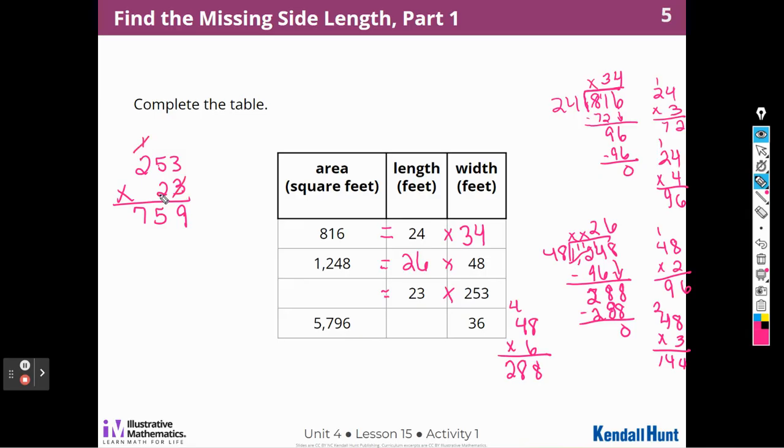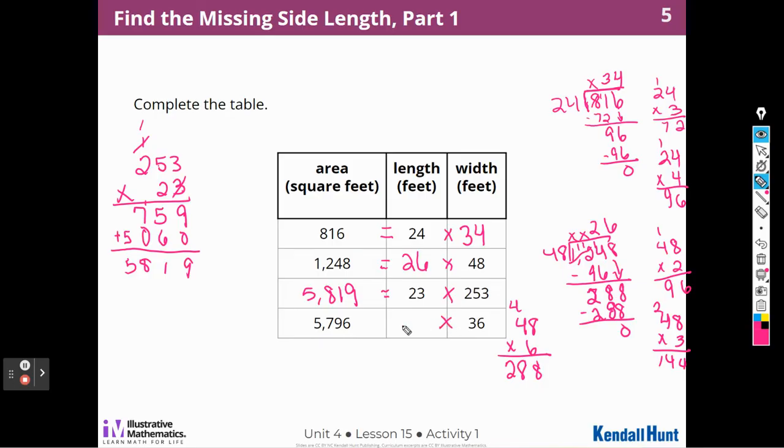Now I'm going to really say 20 times 3 is 60. 2 times 5 is 10. And 2 times 2 is 4, plus 1 is 5. 9, 11, 8, and 5. So 5,819.